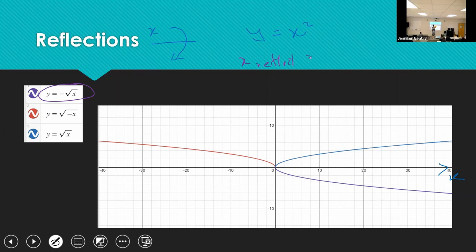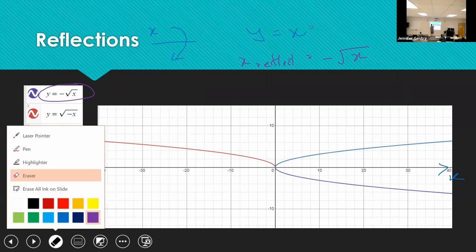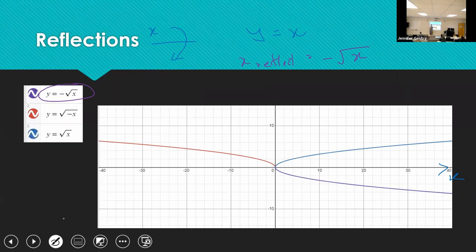You're going to take it, hold it. Does it land on top? Okay? So now we're talking about this red one, right? That is y equals square root of minus x. Do you see the difference between the two?